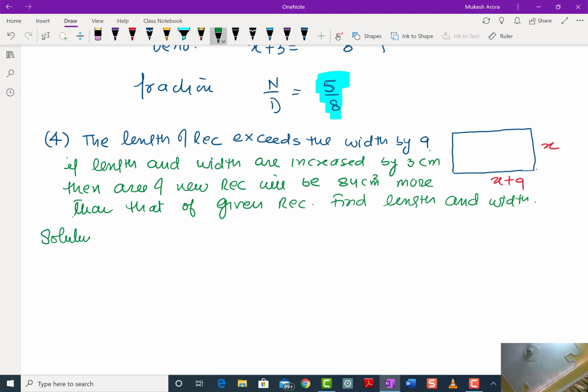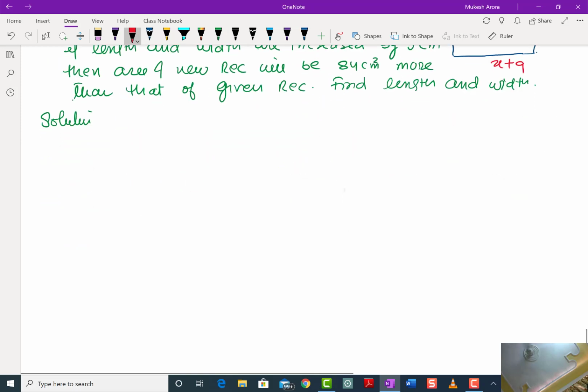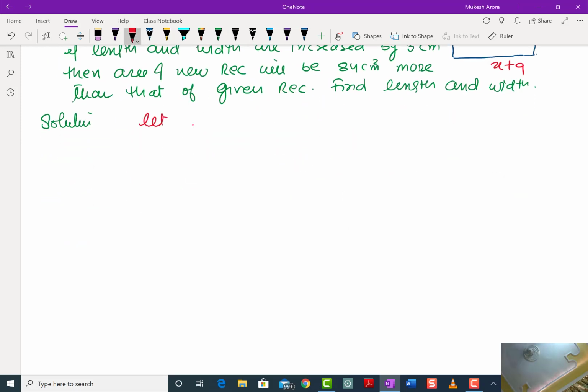Solution. We have assumed the width to be x, the length will be x plus 9. Then the area, because he is talking about the area, is length into width. This is the area, this is number 1.